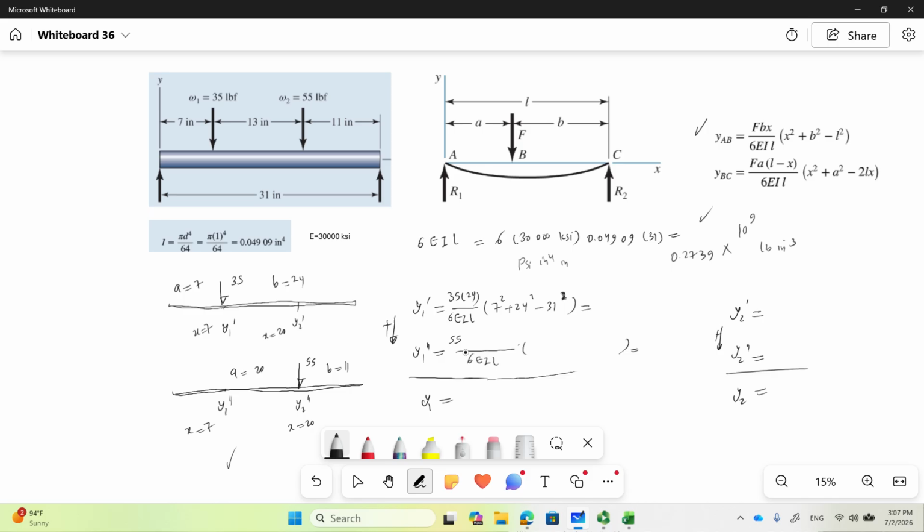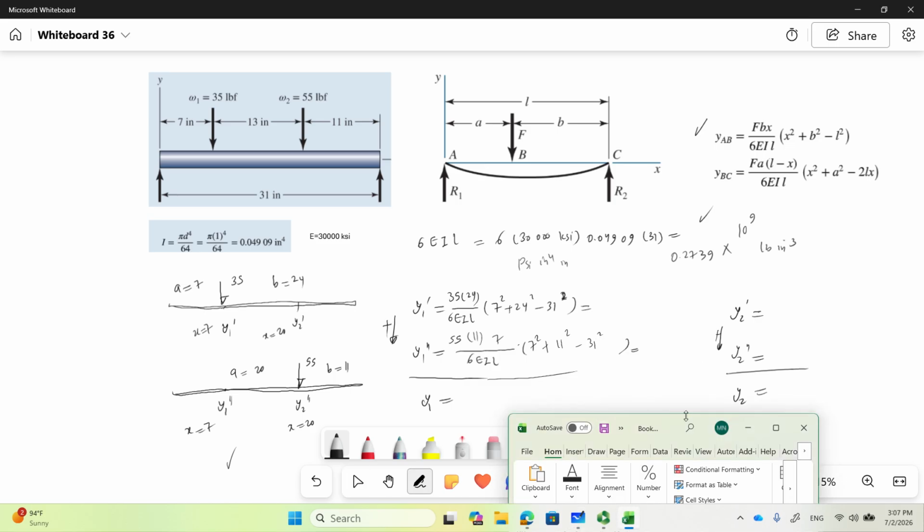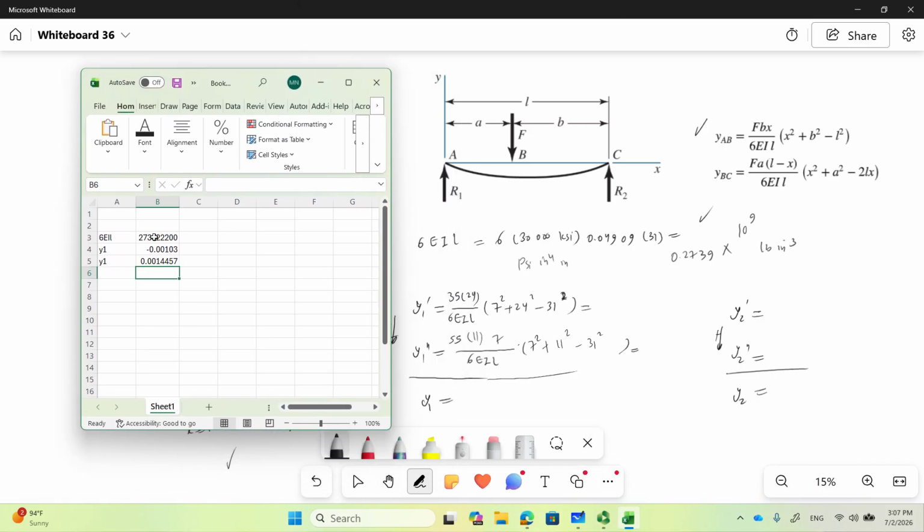Okay, 55 times b is 11. Then x is 7. Inside, x is 7 squared plus b is 11 squared minus L, which is 31 squared. That's going to change a lot. So let's see what I had here.